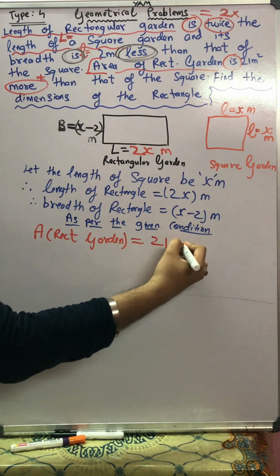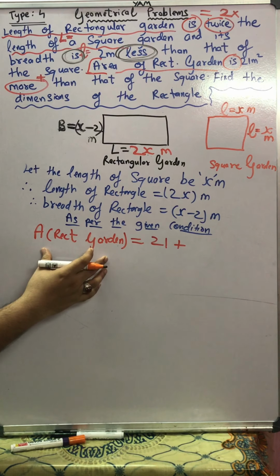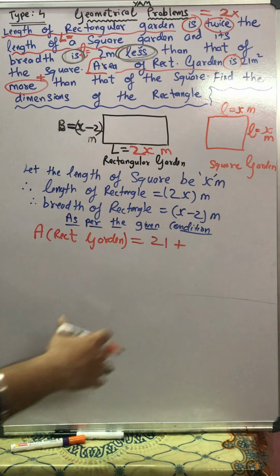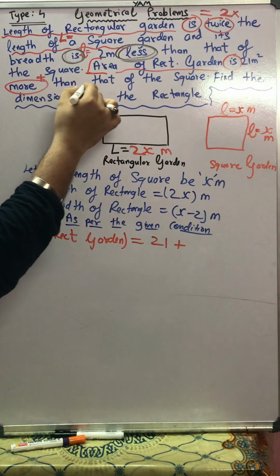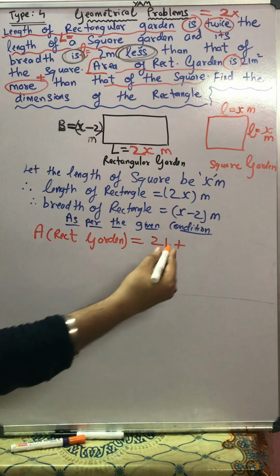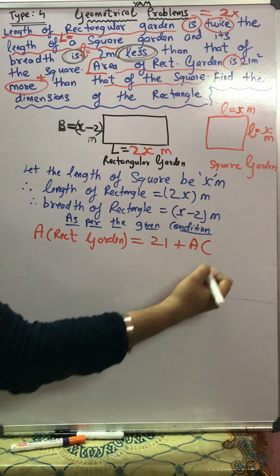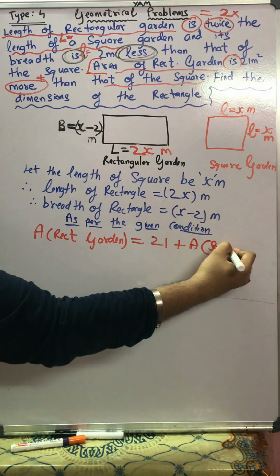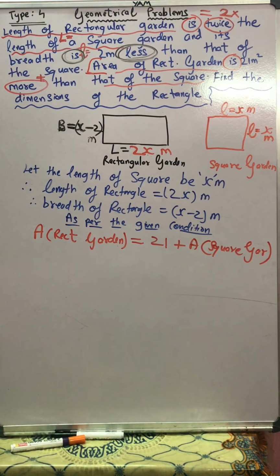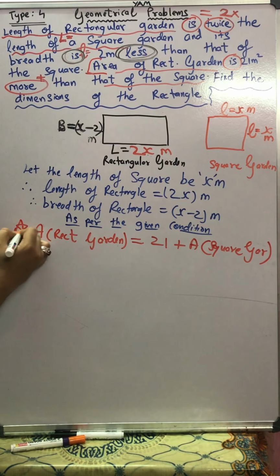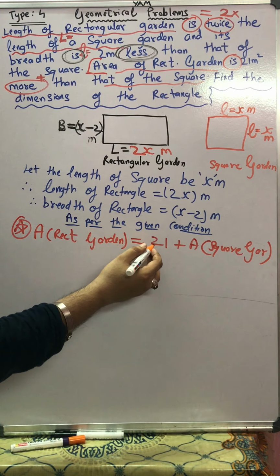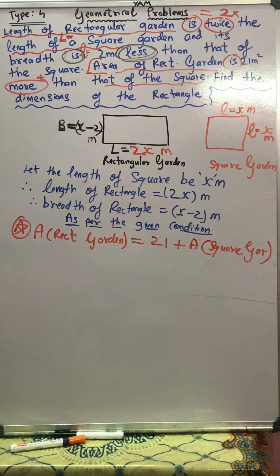So 21 plus the area of the square garden. This is the ultimate condition, so I'll mark a star: the area of the rectangular garden is 21 meters square more than the area of the square garden.